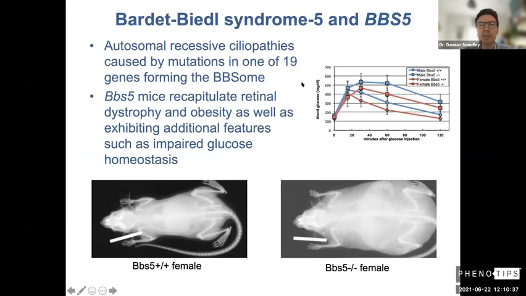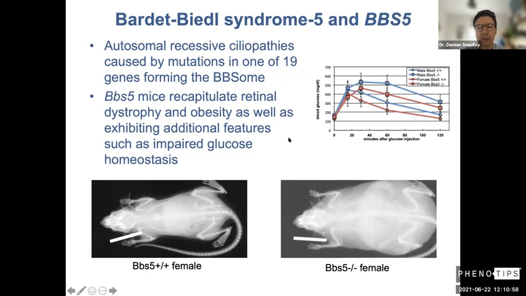And just to give an example of one of these mice, this involves the BBS5 gene. This is one of 19 genes forming the BBSome, which is a big protein complex, and mutations in any one of these 19 genes can cause an autosomal recessive ciliopathy called Bardet-Biedl syndrome.